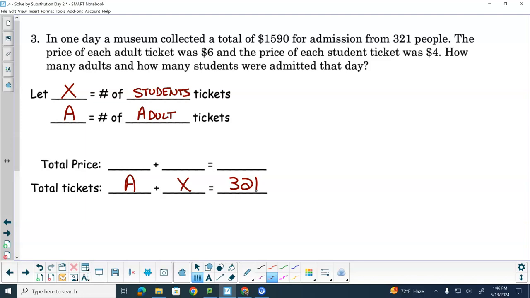So this one is going to be 6A, because every one of those adults paid $6 to get in. Every student paid 4, so this is going to be 4X. And all together, when they counted up the receipts at the end of the night, how much money did they have?